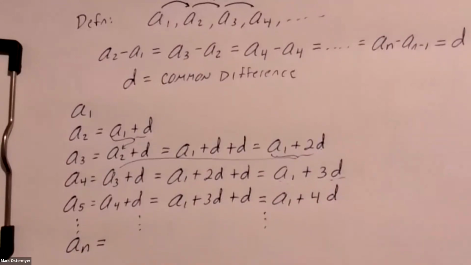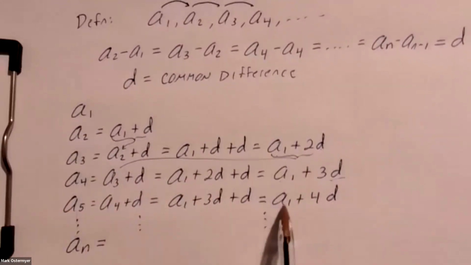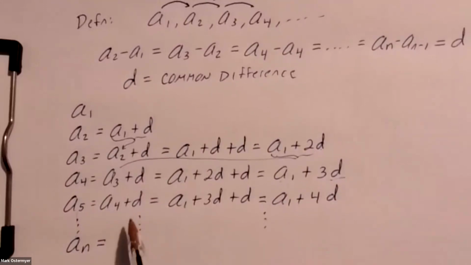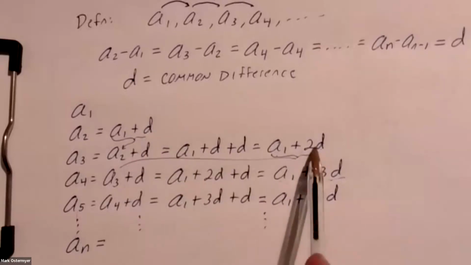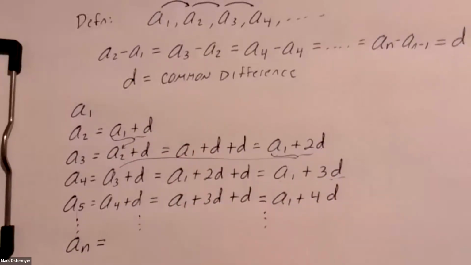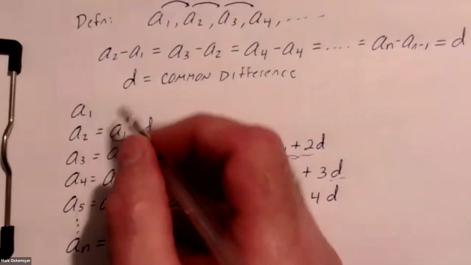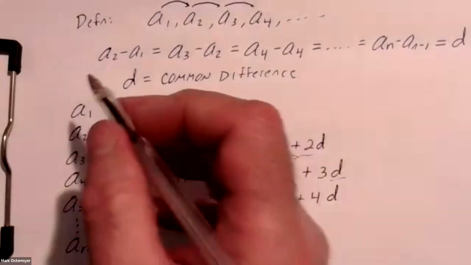In order to do that, we need to realize that every term written above has the first term present in it, and we're also adding so many common differences to the first term. To write the nth term rule, we need to realize the relationship that exists between the term index and the number of common differences we're adding to the first term.